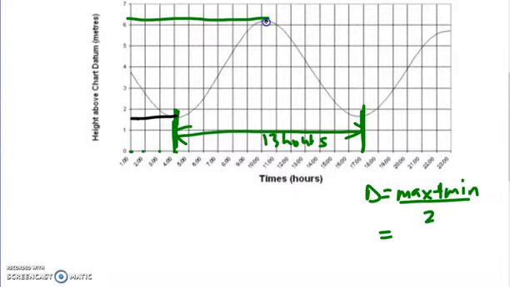So 6.25 plus 1.5, divided by 2. Let's plug this into the calculator. So 6.25 plus 1.5 divided by 2, and I get 3.875.